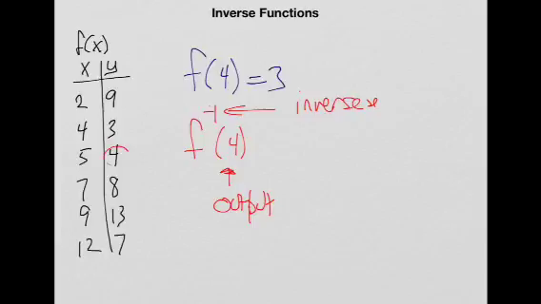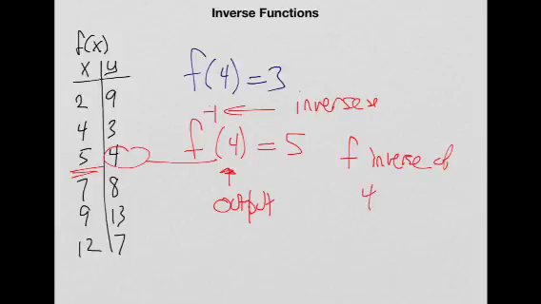So I find 4 in the output and say, what's the input? What value gave me 4? And see, the input would be 5. So I would say f inverse of 4 is 5.